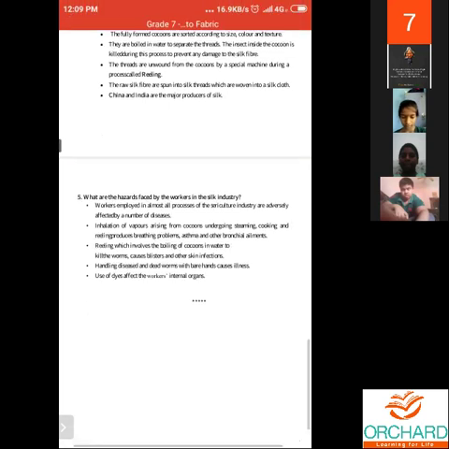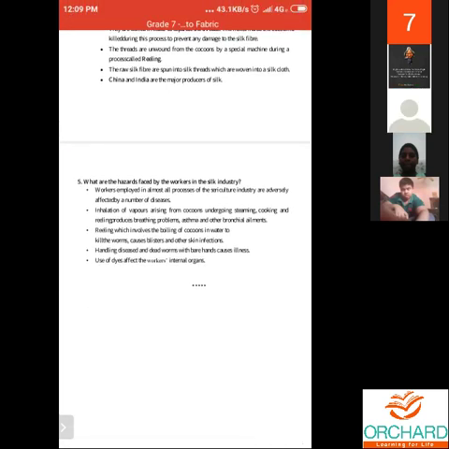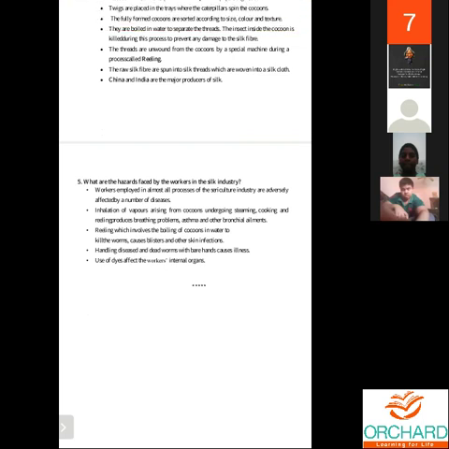Okay. What are the health hazards faced by the workers in the silk industry? Workers employed in almost all processes of the sericulture industry are adversely affected by a number of diseases. Inhalation of vapors arising from cocoons undergoing steaming, cooking, and reeling processes produces breathing problems, asthma, and other bronchial ailments.